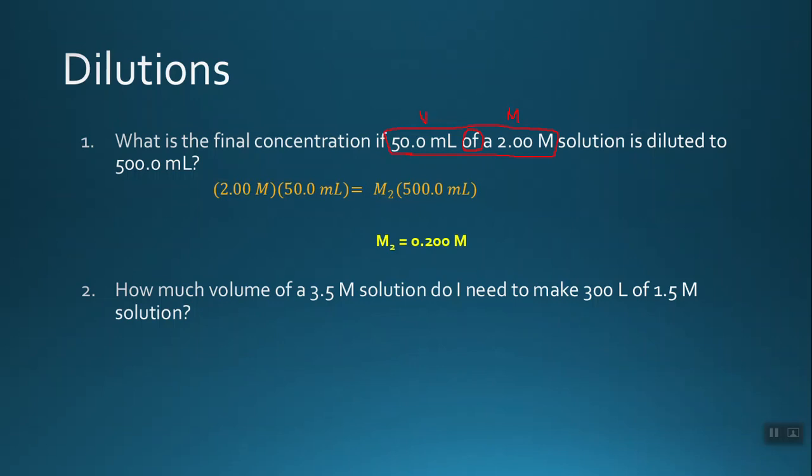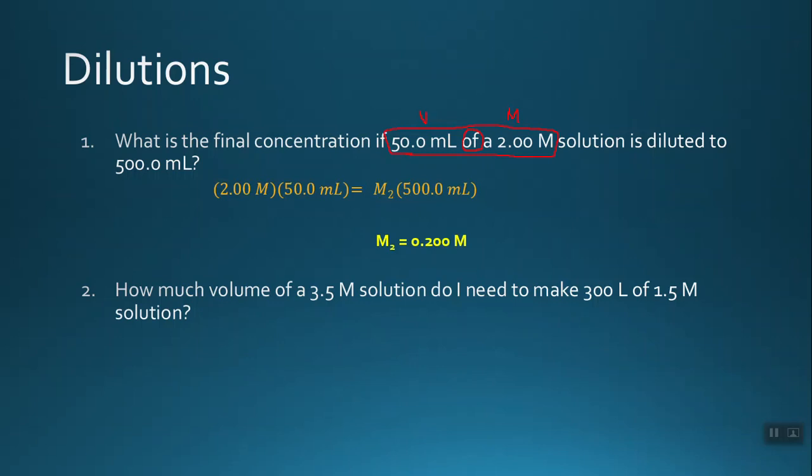If you started with 2 M and now you have a final answer of 0.2 M, is that a smaller number? Yeah, and it makes sense, right? Because if you're adding water, you are lowering the concentration. So it makes sense. It's just like a quick check, okay, before you move on.